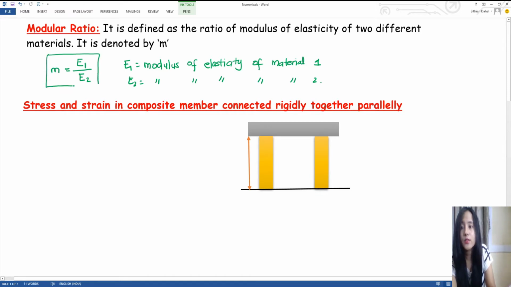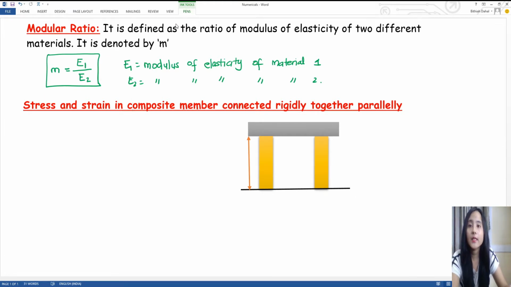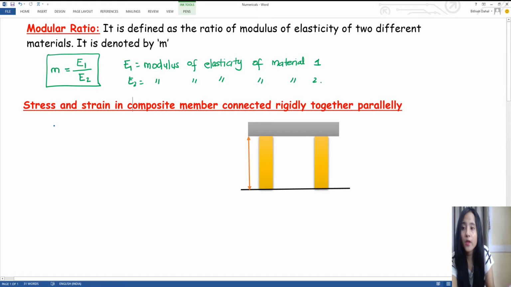Now coming to the second concept, stress and strain in a composite member connected rigidly together. Let us consider a composite member made out of two different materials. The best example of a composite member is an RCC structure.